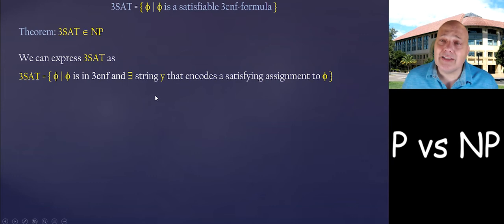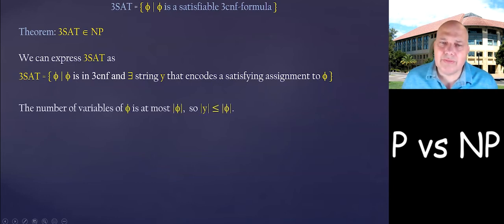So y is the witness, the satisfying assignment is the witness that this formula is satisfiable. Perhaps it's not easy to come up with this y, but once you see this y, it's very easy to verify. You verify that phi has the right form, and then you verify that each one of the clauses is satisfied by looking at y.